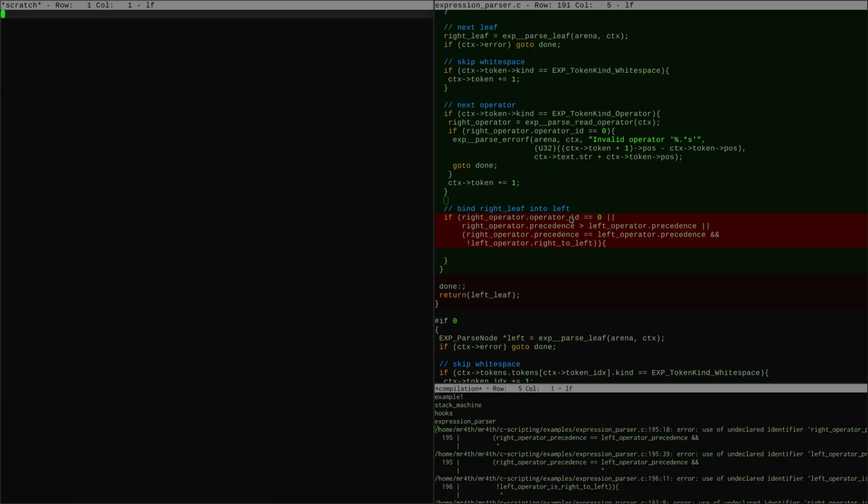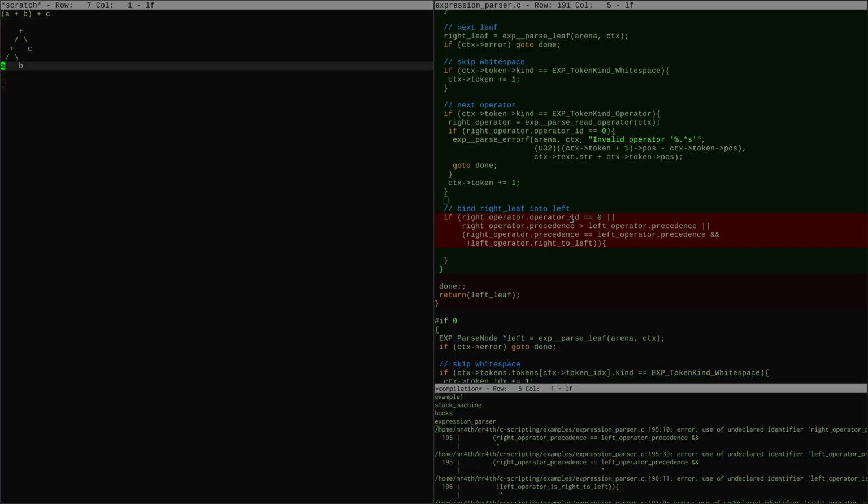So if you have a left to right situation, it's like this, right? Plus A, B, C, so you get this sort of thing.